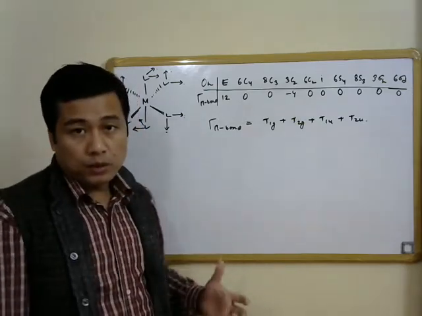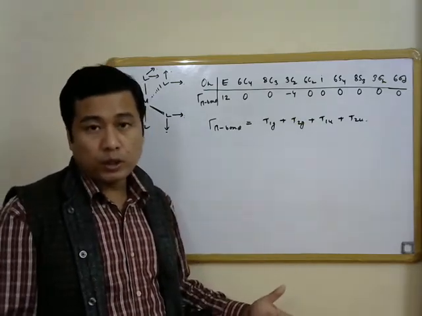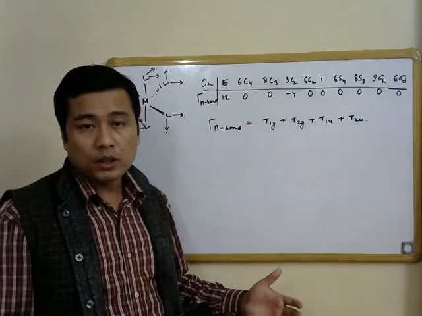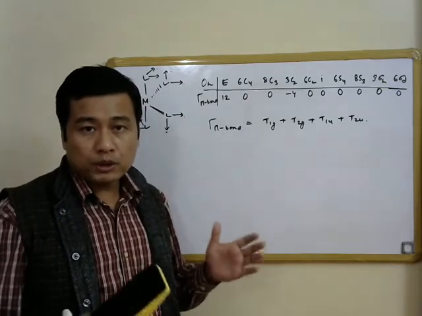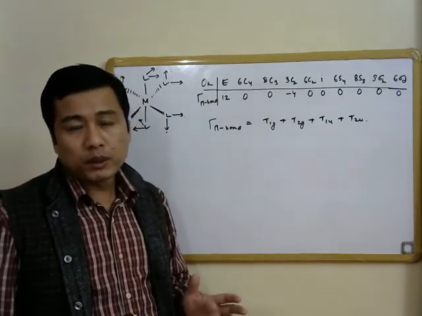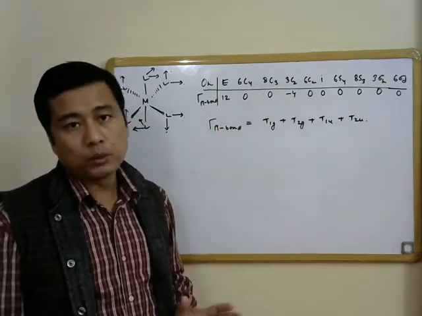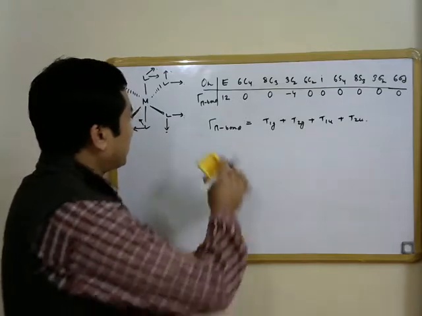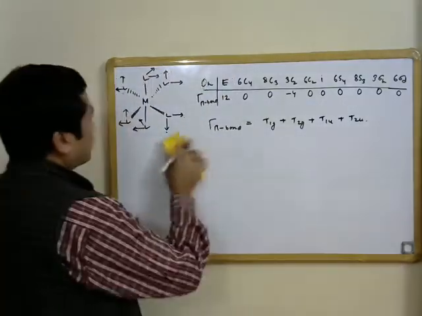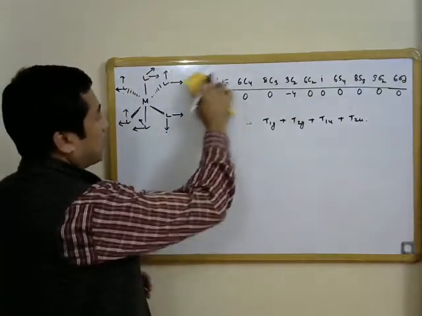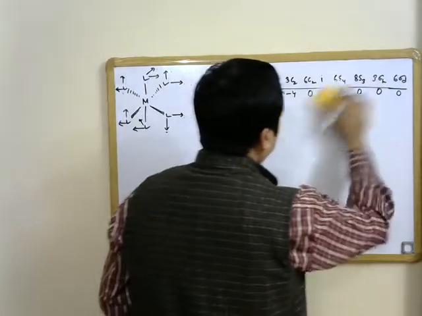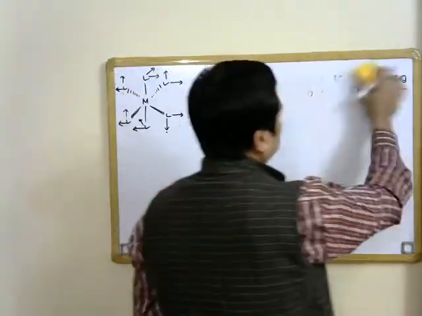So that is how, when we find the irreducible components of a reducible representation, the sum of the dimensions of all the irreducible representations should be equal to the dimension of the reducible representation. Then let us try to draw the molecular orbital diagram for a complex where pi bonding is involved.